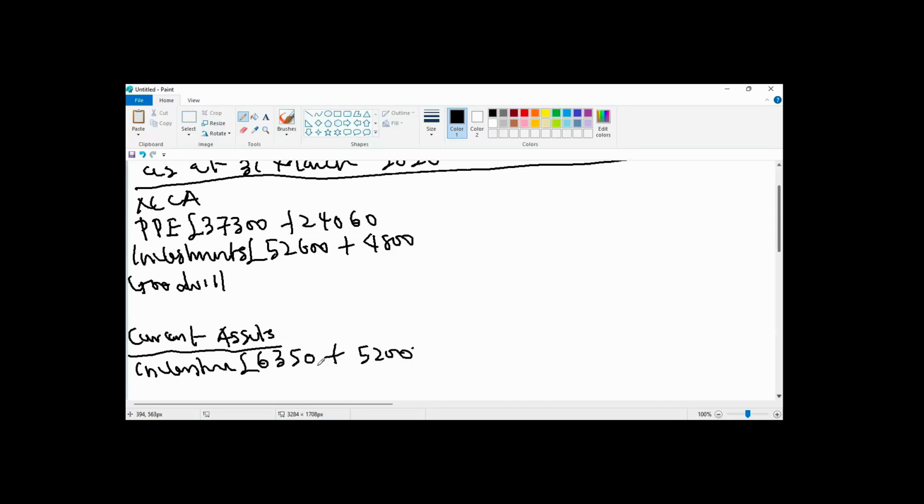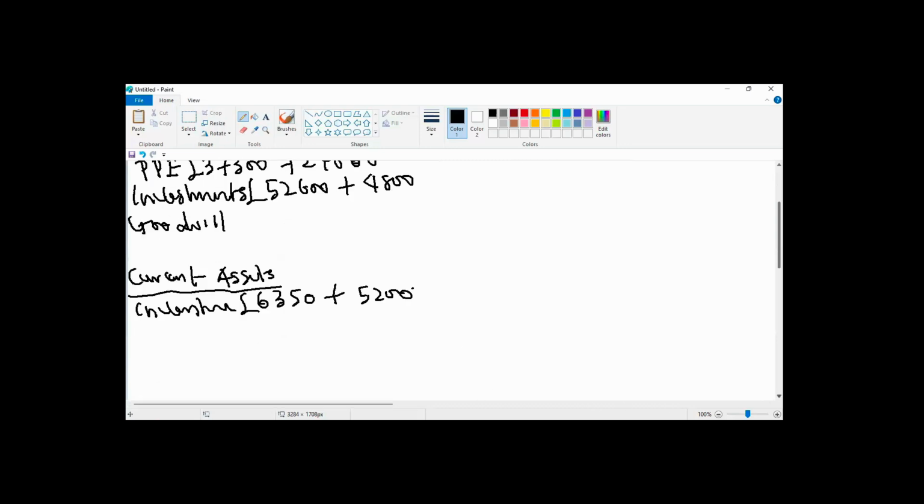Then accounts receivable: 43 plus 1,950.